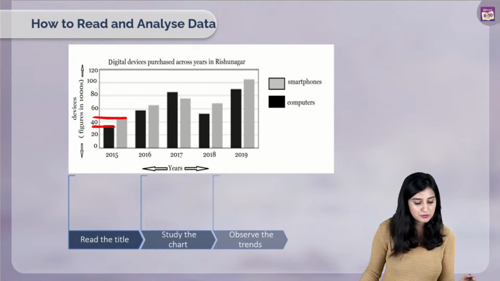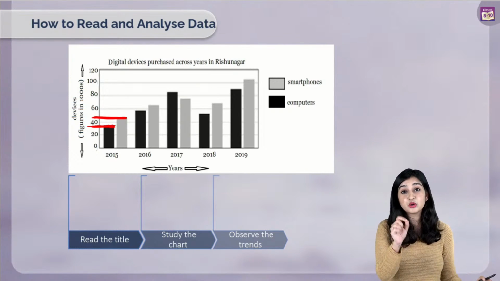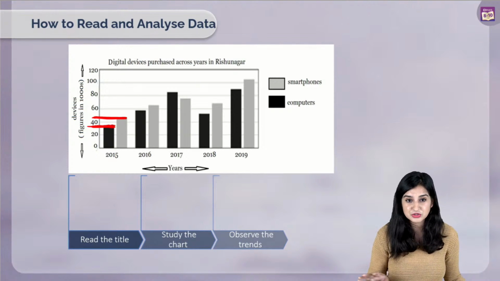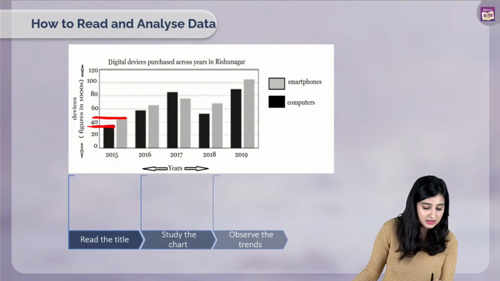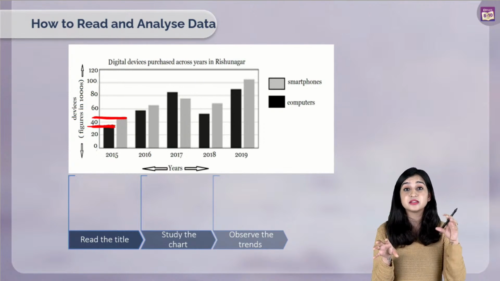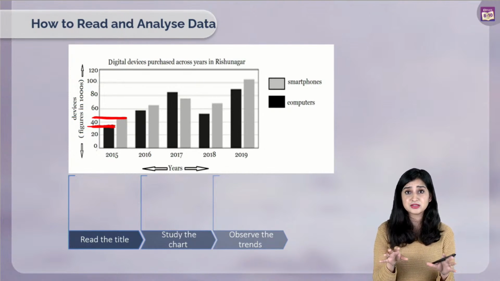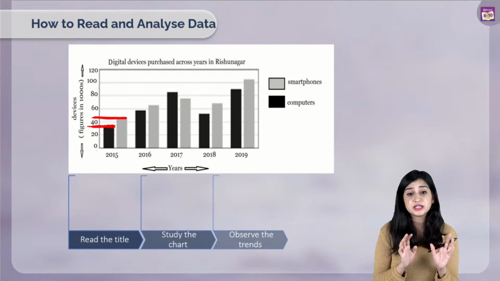Okay. So from that we can get to the possible approximate value of the number of these things that were purchased. And if we continue to see this throughout the bar, we can see that the difference between the number of smartphones and the number of computers that were purchased lies somewhere between about 5,000 to 15,000.